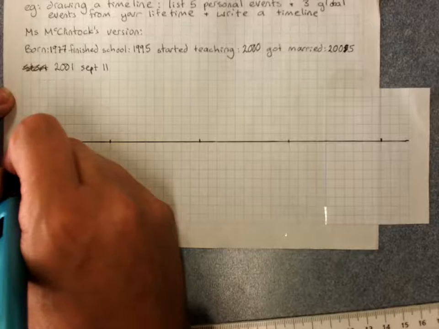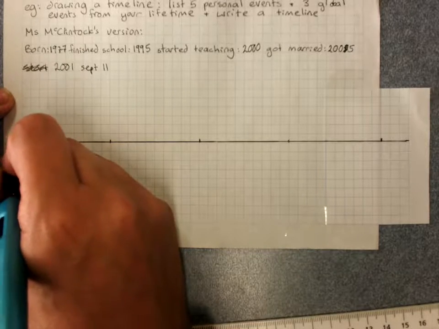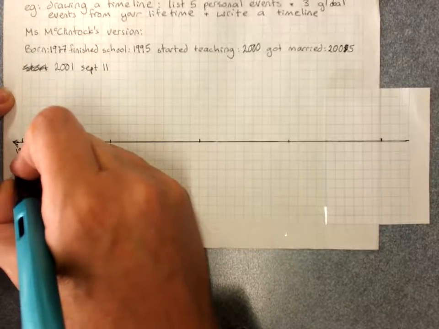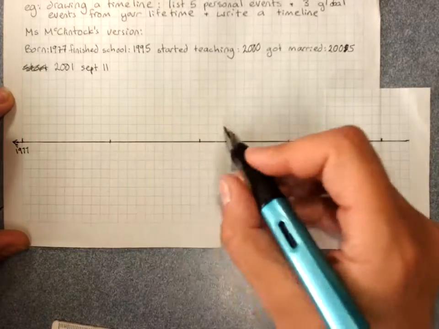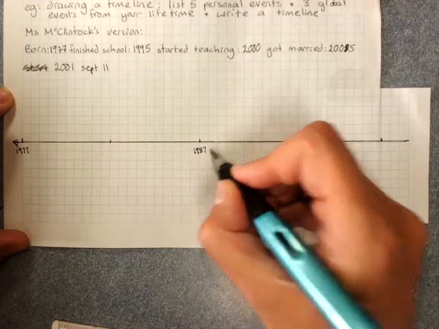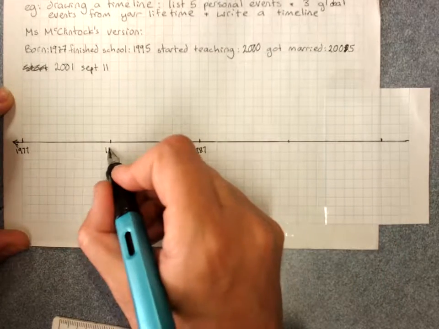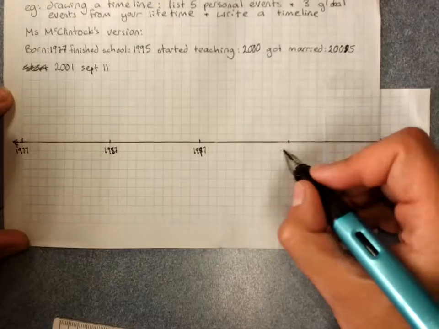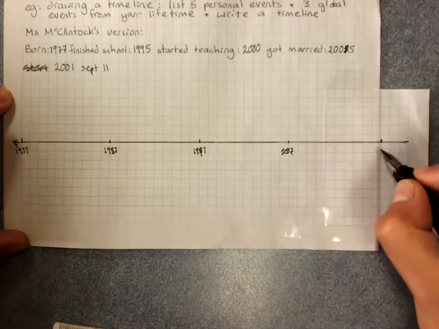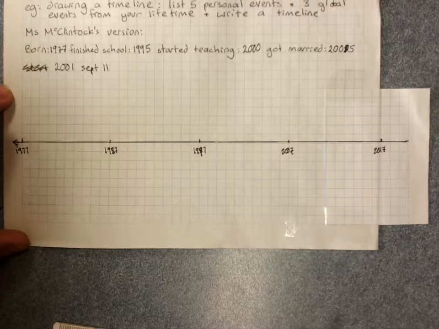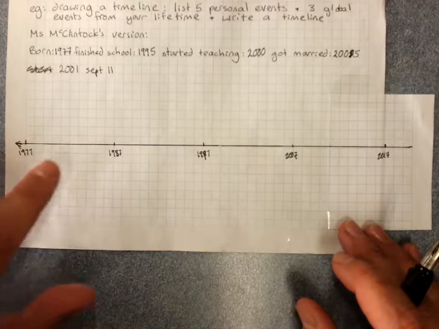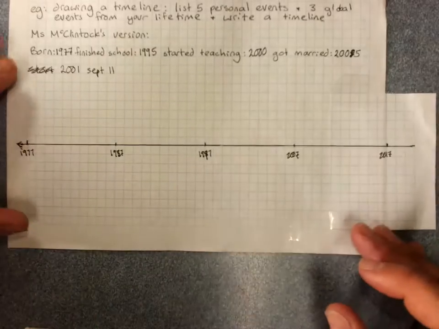Arrow at either end. What am I doing? That's 1987. 1997, 2007, 2017. You could have started a bit further and started with 75 and then gone 85, 95. That might make more sense.